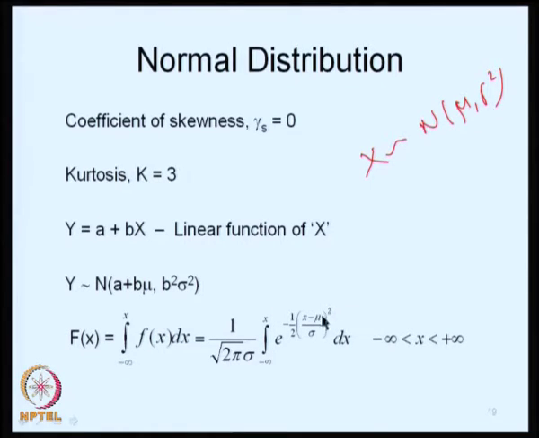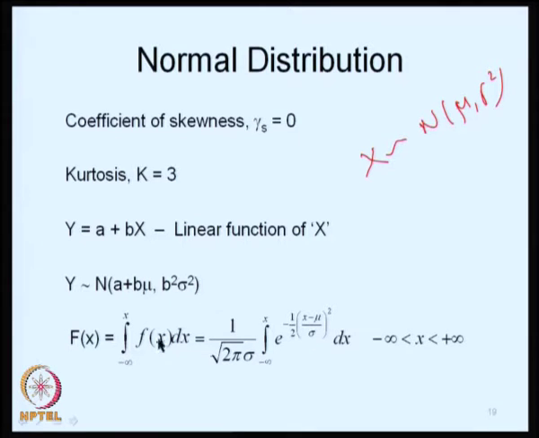Also, as your mu and sigma change for different samples, your PDF itself changes, because it is a 2 parameter PDF. Therefore, as the parameter values change, your PDF changes, and therefore, you need to obtain this integral for specified values of mu and sigma.